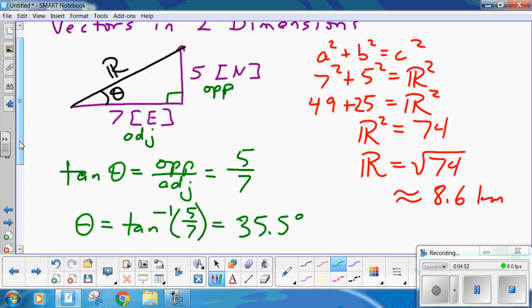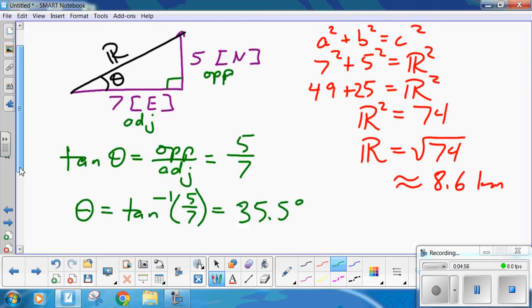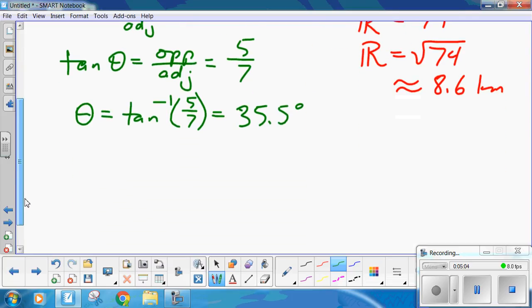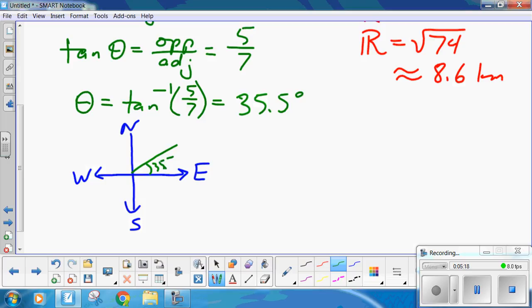Okay, now welcome back. Now the thing is the angle, 35.5 degrees. Now there's one, two or 2.5 ways to talk about the angle. Never eat shredded wheat. Here, we're at 35.5 degrees.